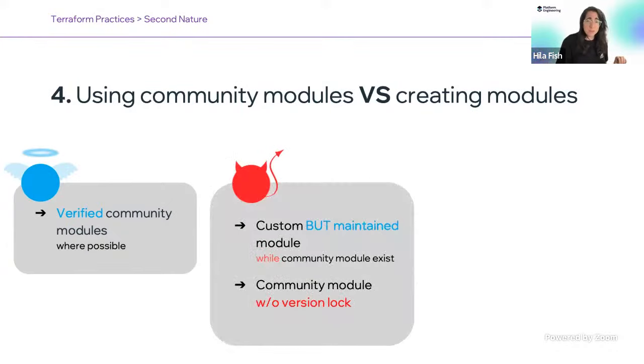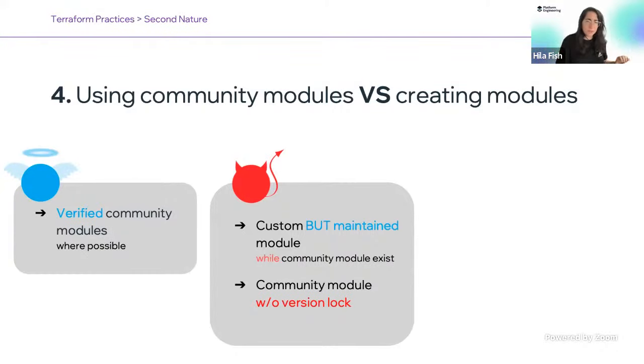The bad thing is to use custom modules, but if you still maintain them in a good way, AKA, this is the bad. So if you have custom modules while community modules exist, that's not that great, but at least if you have proper maintenance for that, if you have consistent checks and code practices applied, that's good enough, but still, why reinvent the wheel, right?